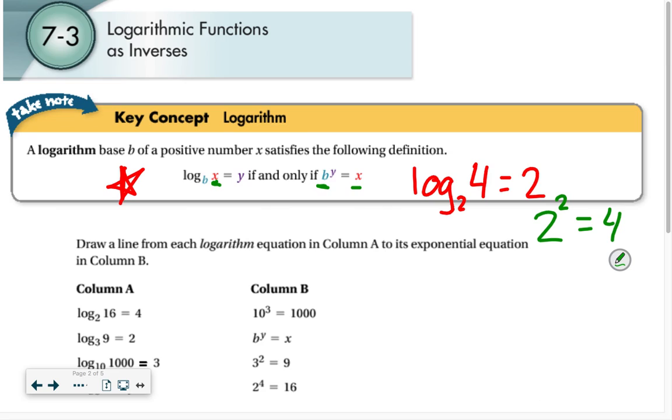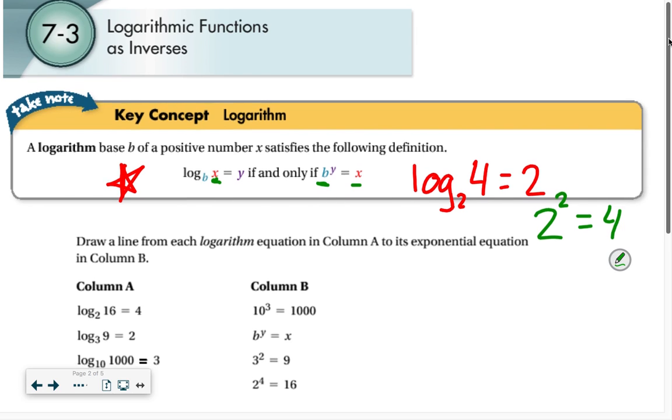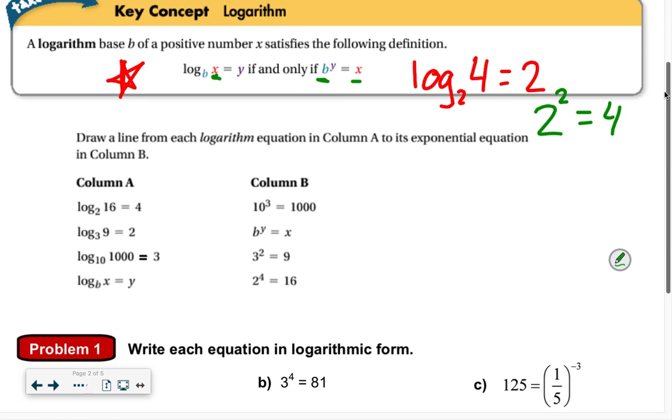So 2 squared is 4. Always. Okay? So you kind of have your answer given to you. You just got to rearrange your numbers. Like I said, most important thing, subscript becomes your base, whatever equals becomes your exponent, shift this number out.